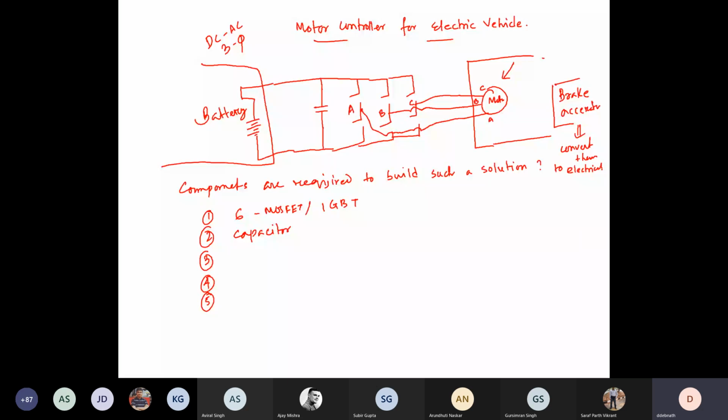So some logic will be there that if the driver has pressed more accelerator, you apply this amount of gate pulse rate. If brake is applied, you do some other strategy. So all those things will be written in a microcontroller or DSP, right? What else do you need?